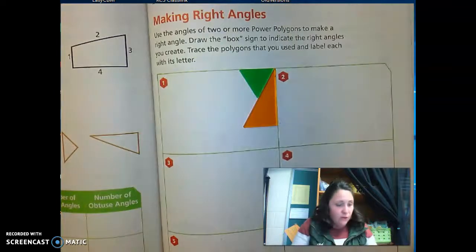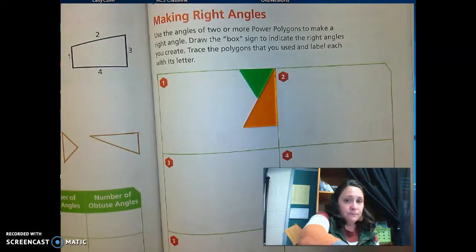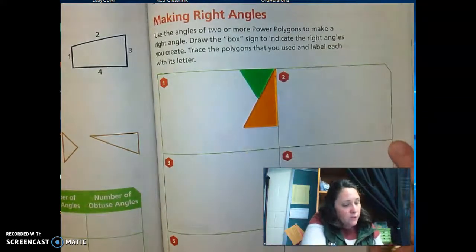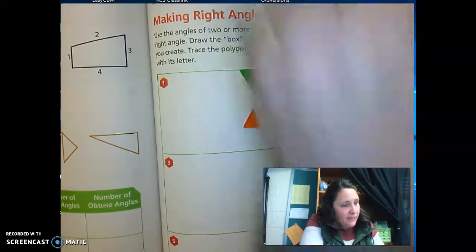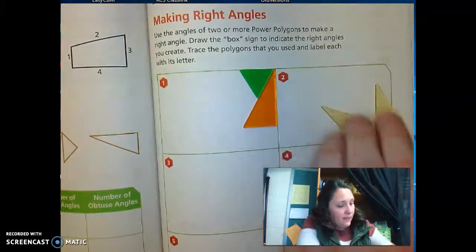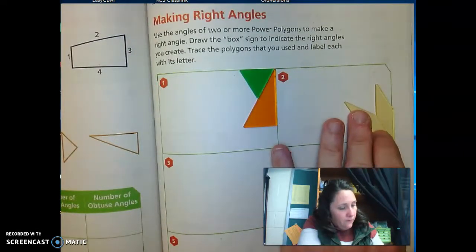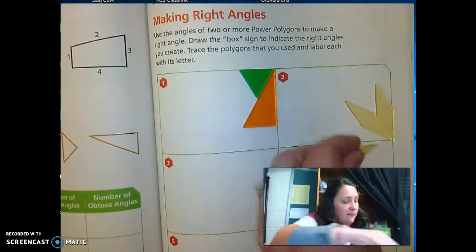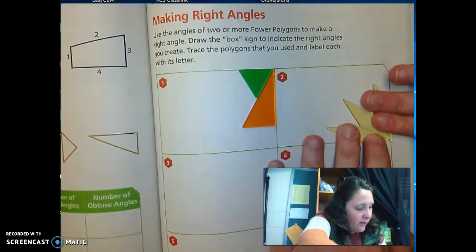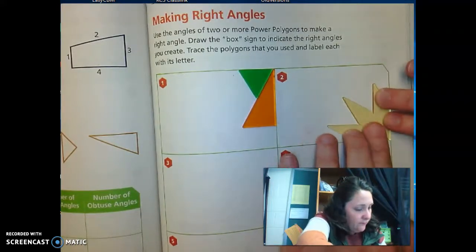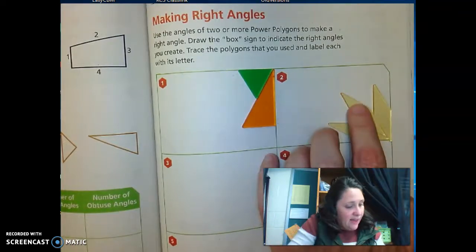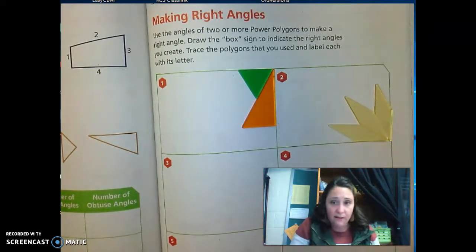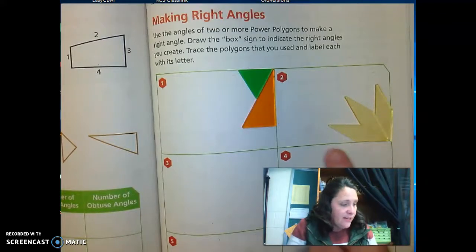I am taking 3 of our O polygons, and I'm going to use right here this corner, the right angle, and I'm going to place them in this corner so that it makes a 90-degree angle. All right, you see how I've done that? I've used 3 of our smaller polygons. I've put them together right here on our right angle or our 90-degree angle.